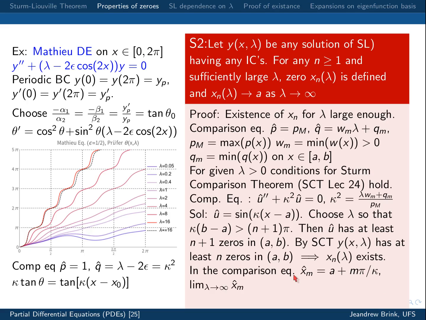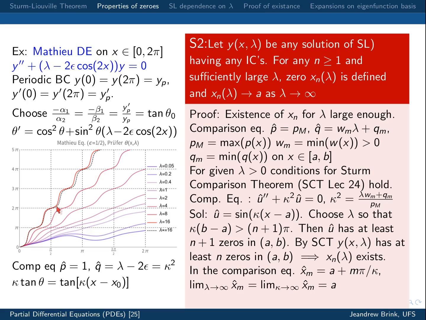And we can also see, just by looking at this expression, that as lambda goes to infinity, kappa goes to infinity, and x hat goes to a, because as kappa goes to infinity this thing becomes 0. So we've formally shown that the mth zero, as lambda goes to infinity, approaches a.